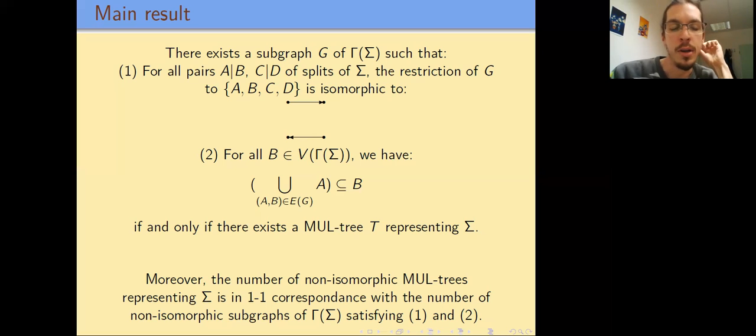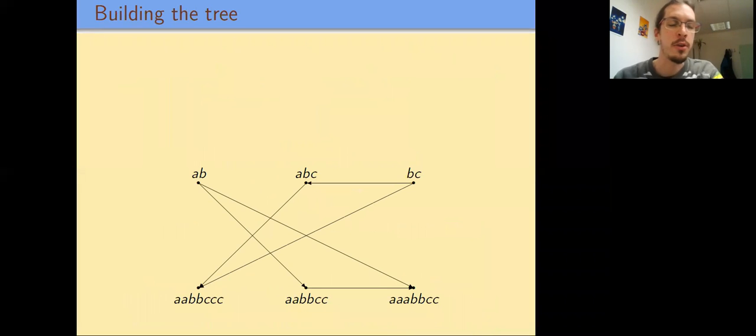It gives you a characterization of split systems for which there is a unique tree representing the split system. As you have seen before, I showed you an example on 2 trees, and each of these trees induced distinct subgraphs of the containment graph. So now, as promised, the reverse operation.